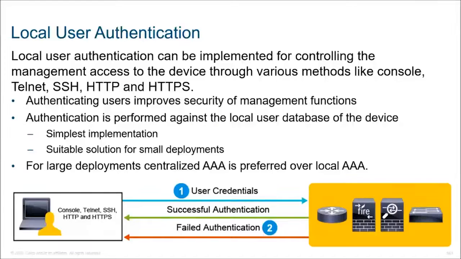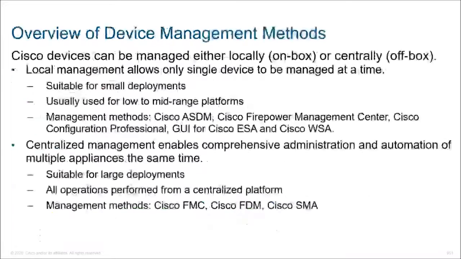And here are just some overviews as far as local user authentication can be implemented for management access through methods like SSH or HTTPS. We should really be avoiding the insecure methods. And we also will do a quick overview.